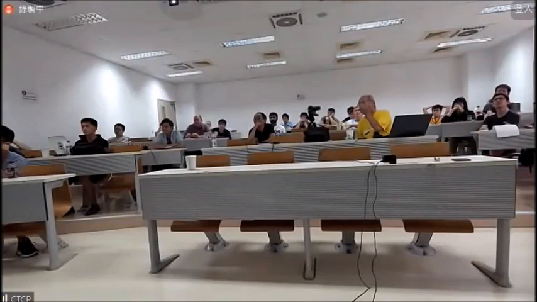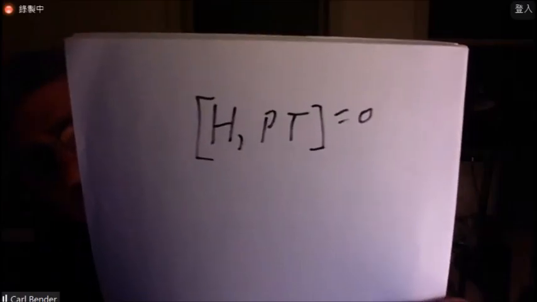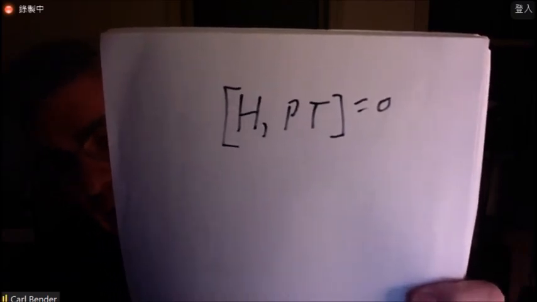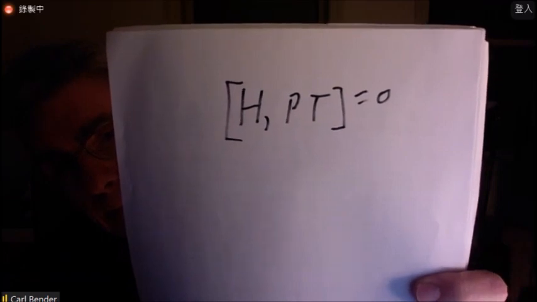If the Hamiltonian commutes with the PT operator, that means that you have PT symmetric quantum mechanics. Now, you remember that I said there is a region of broken PT symmetry and a region of unbroken PT symmetry. In the region of unbroken PT symmetry, the energies are real.